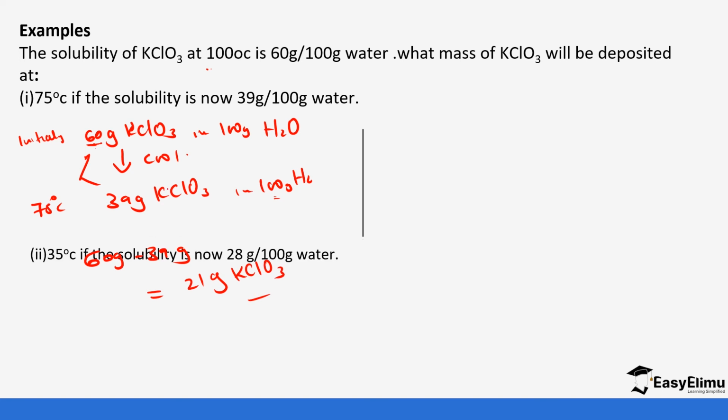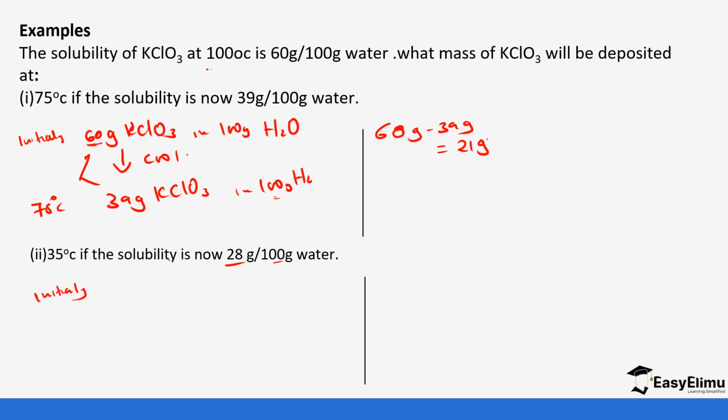So next, the same question at 35 degrees Celsius if the solubility is 28 grams per 100. So we start again. Initially we had 60 grams of potassium chloride in 100 grams of water.